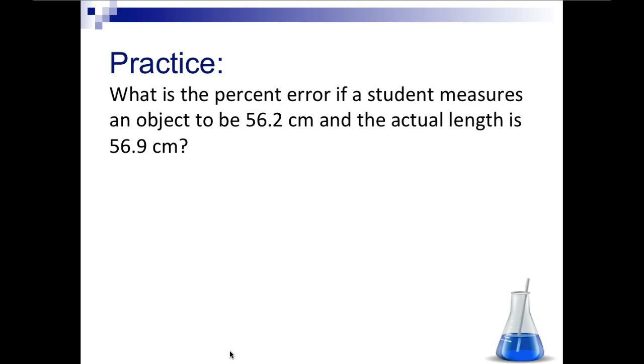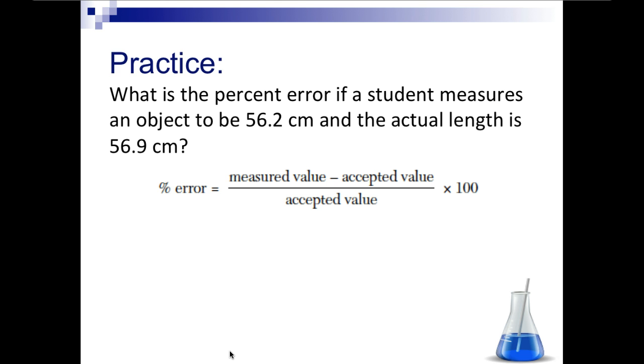So what is your percent error if a student measures an object to be 56.2 and the actual length is 56.9? So we need our equation. To that equation, we are going to plug in: 56.2 is our measured value, minus our accepted value, which was 56.9, over our accepted value, so divided by 56.9 again, times 100.